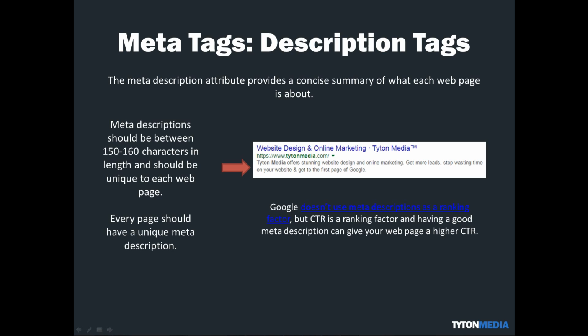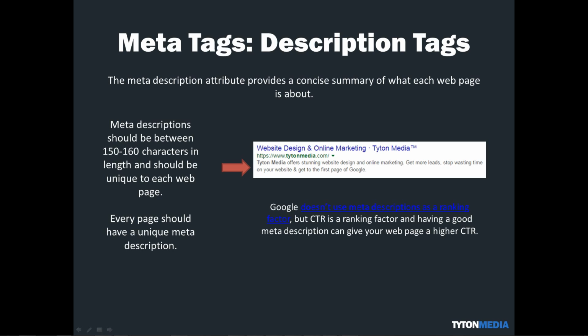And having a good click-through rate will increase your web page's ranking in Google. So it's very important to have a description that concisely summarizes your web page, as well as includes some of your main search keywords.